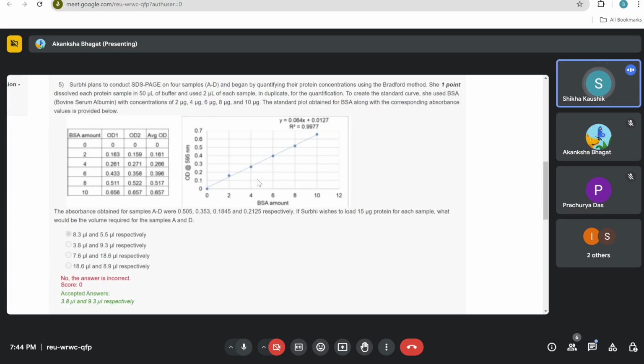Okay. So the absorbance of the A and D were this one. If Surbi wishes to load 15 μg protein for each sample, what would be the volume required for sample A and D?